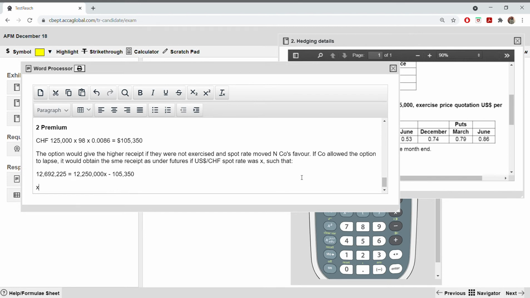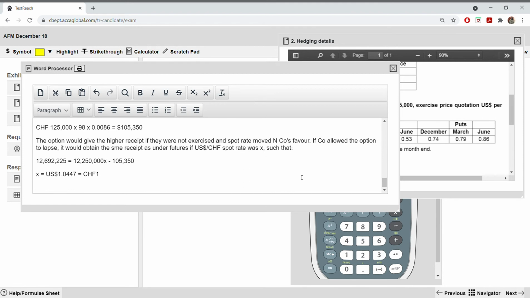X will be equal to, what will it be equal to? US dollar 1.0447 equal to 1 Swiss franc. And the other one, I'm not going to write it here.